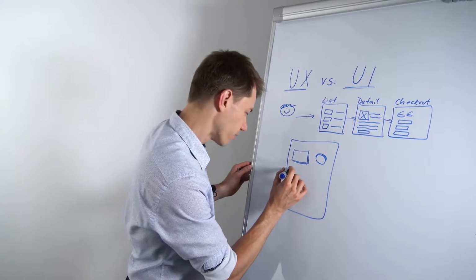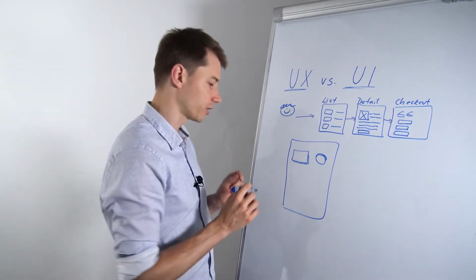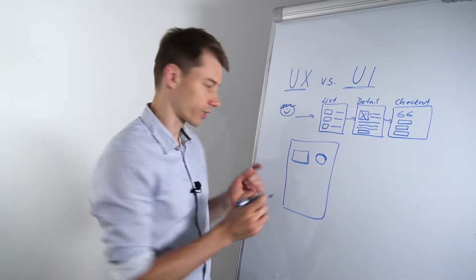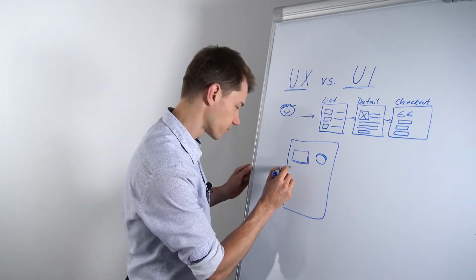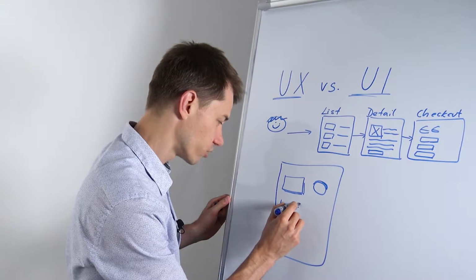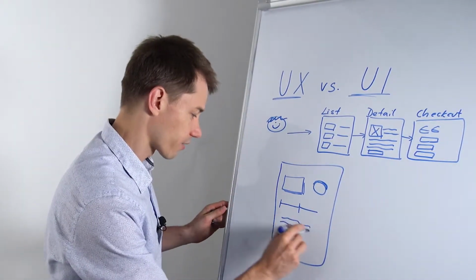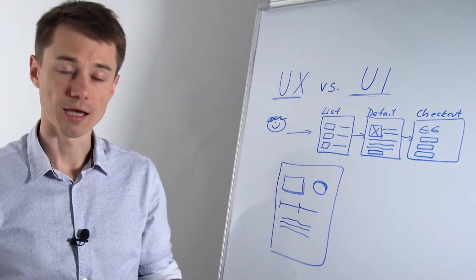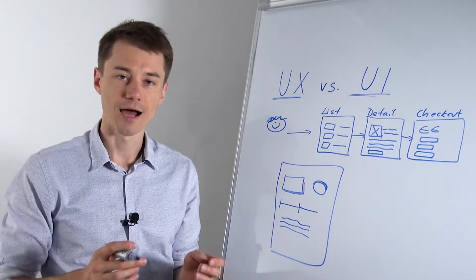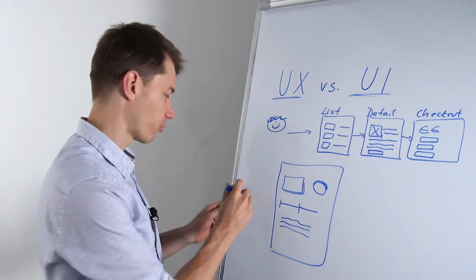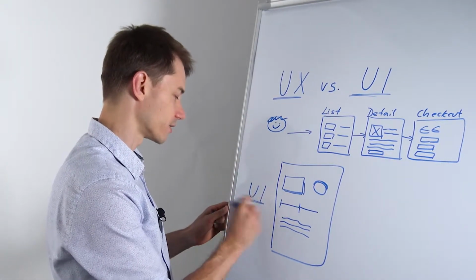And then here the color cannot be just blue, the color needs to be indigo, right? So the user interface designer makes everything really beautiful and polished, right? So this could be the job of the user interface designer, what kind of font to use, how to make it really beautiful, really eye-catching. So that's the job of the user interface designer.